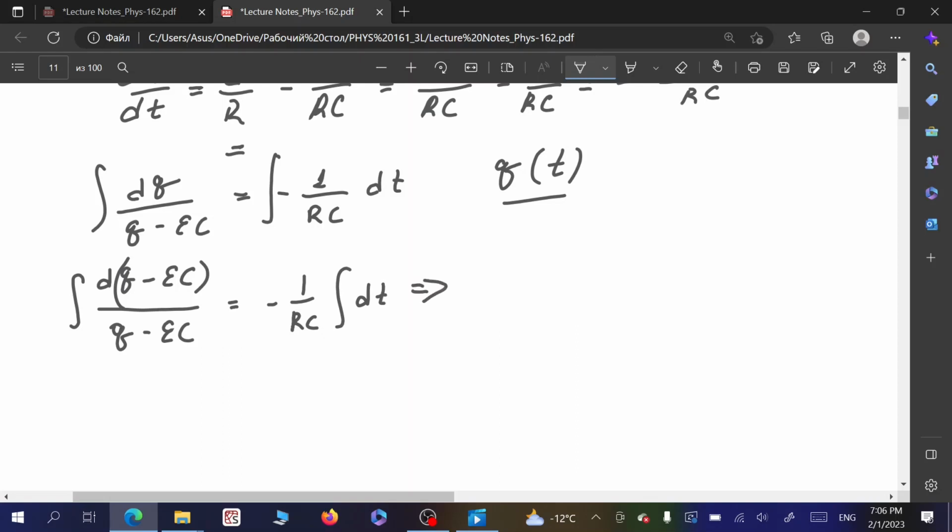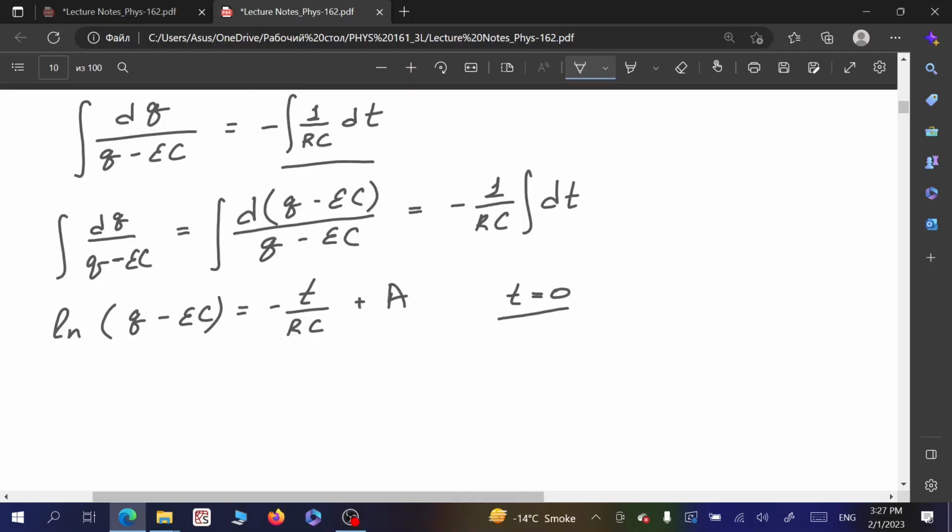So from here we get natural logarithm of Q minus C times epsilon, and that is equal to minus t over RC plus some constant A.